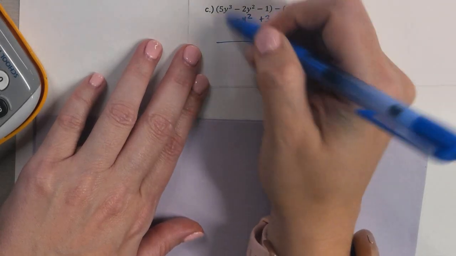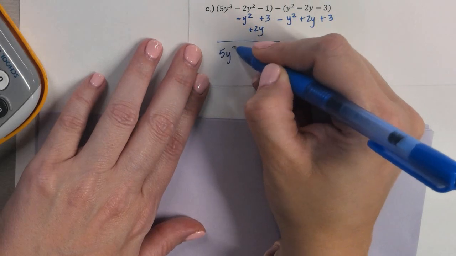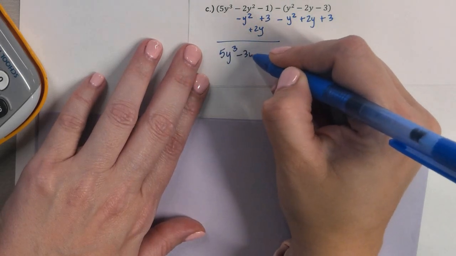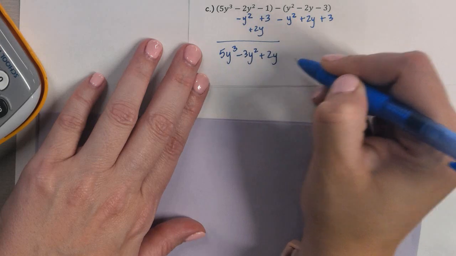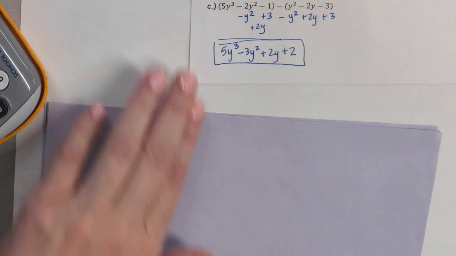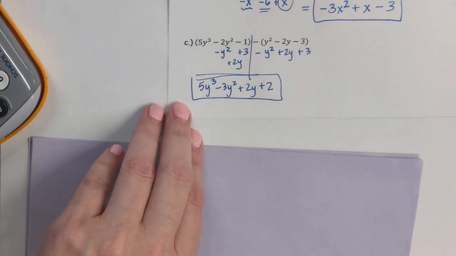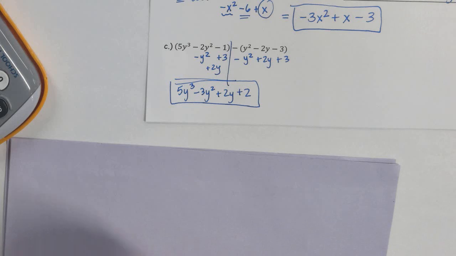But then you can just add this straight down now. So you have 5y cubed minus 3y squared plus 2y plus 2. And that would be your final answer. So you could also think of it like that. Find which way works best for you.